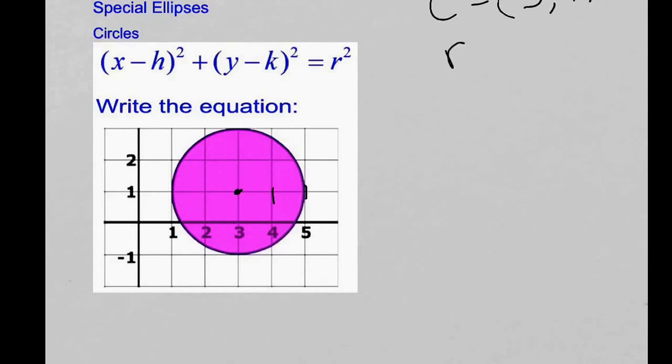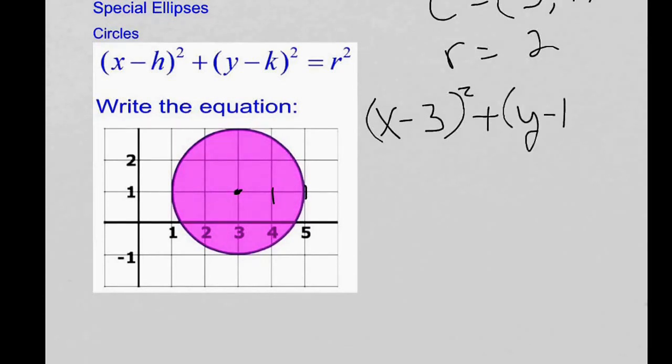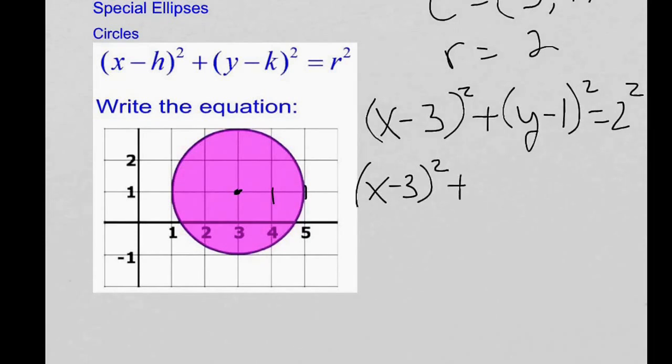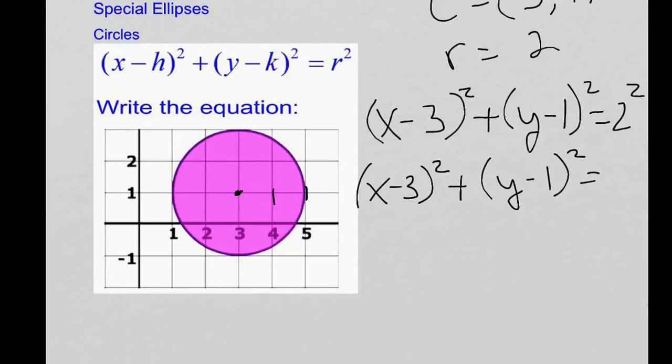And our radius we see is 2. So all we have to do is plug into our equation x minus 3 squared plus y minus 1 squared equals 2 squared. Or when we simplify it, x minus 3 squared plus y minus 1 squared equals 4.